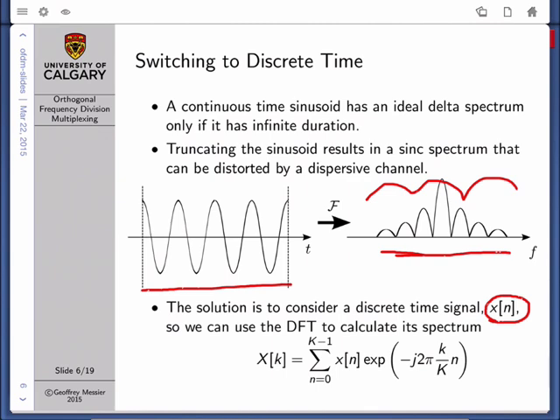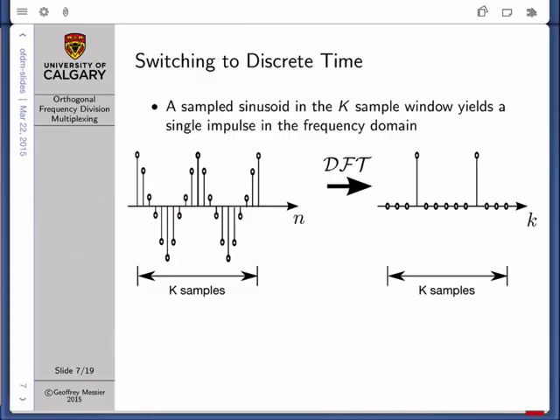And a discrete Fourier transform operates over a finite sample window rather than from minus infinity to plus infinity. The implication of this is that it's now possible to work with a truncated sinusoid and still have an ideal delta function in the frequency domain. And that's what I've tried to represent here.